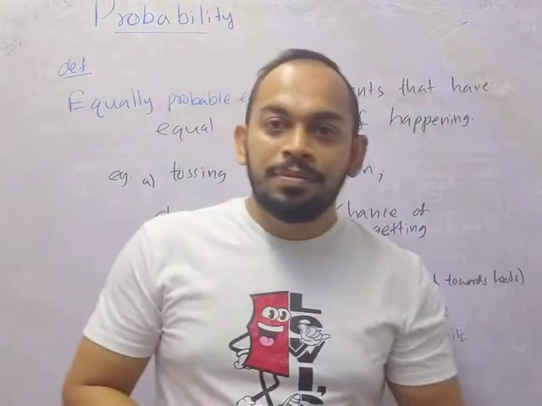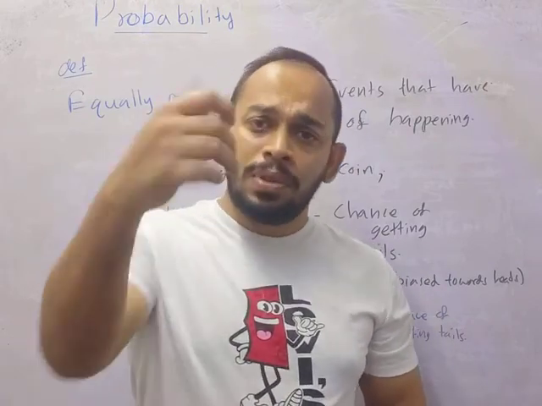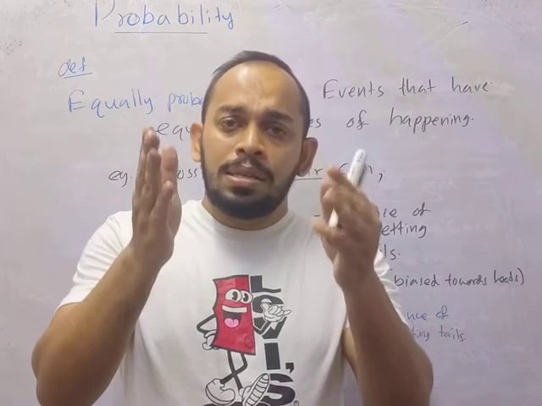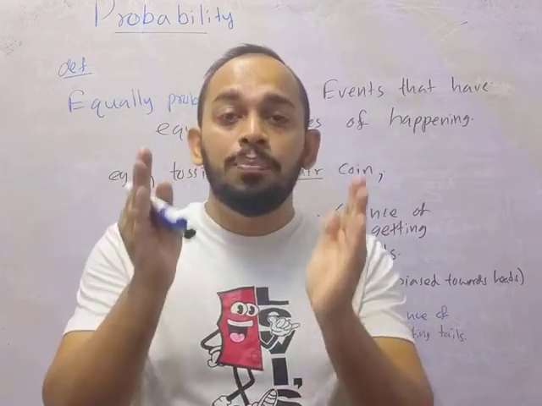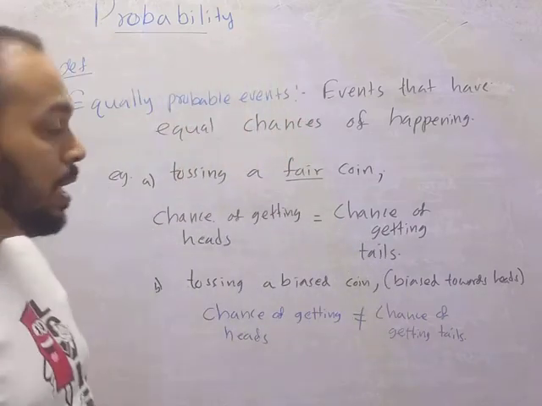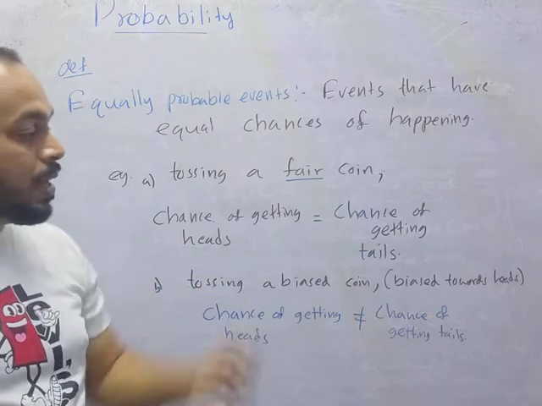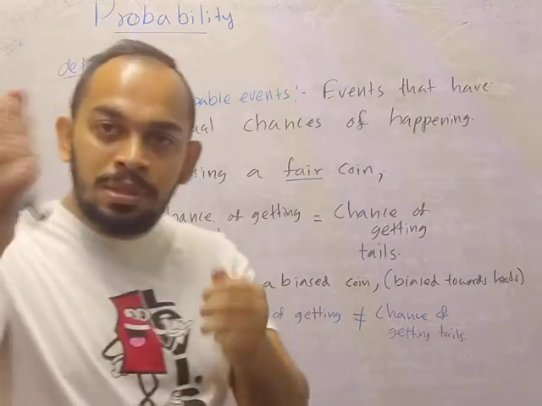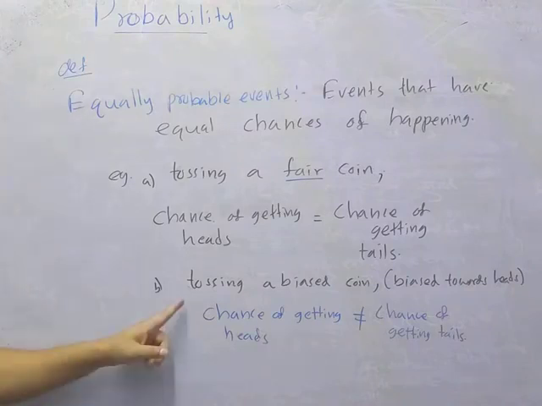A fair coin has no bias towards either side. If you toss a fair coin, the two events, heads and tails, are equally probable events. So the chance of getting heads is equal to the chance of getting tails. 50% chance of getting heads, 50% chance of getting tails.